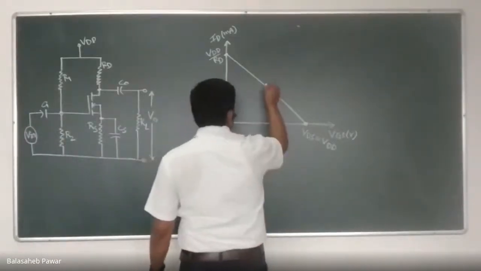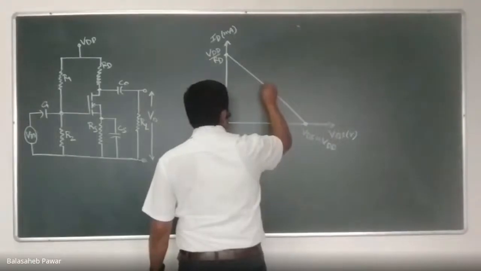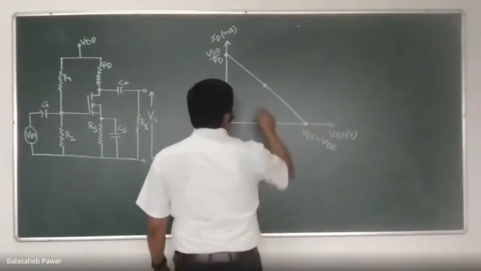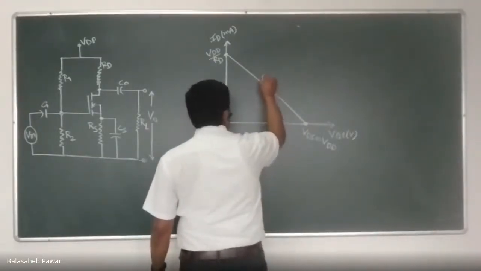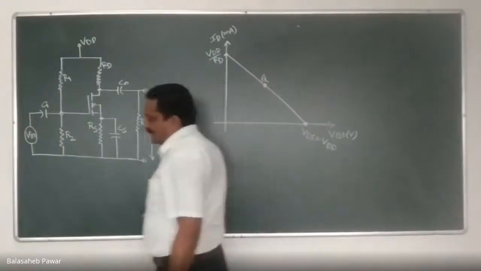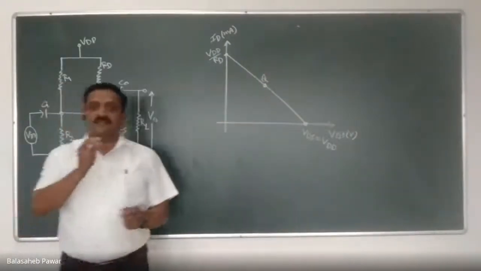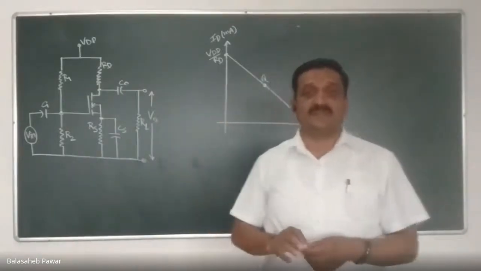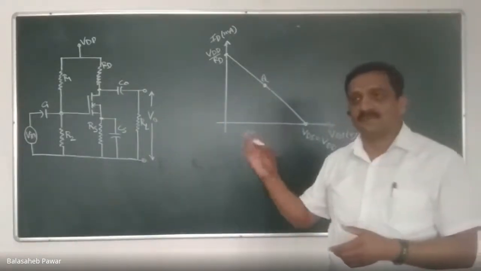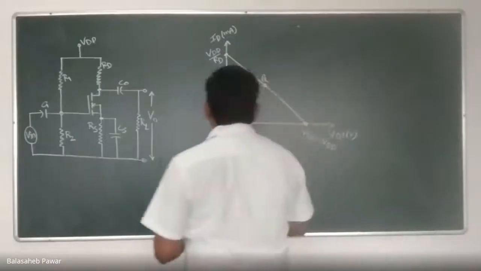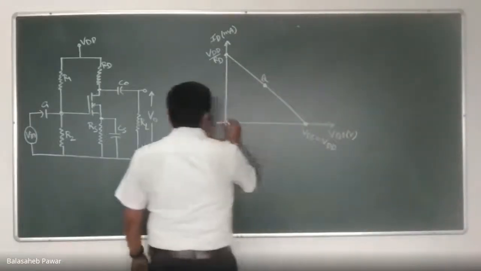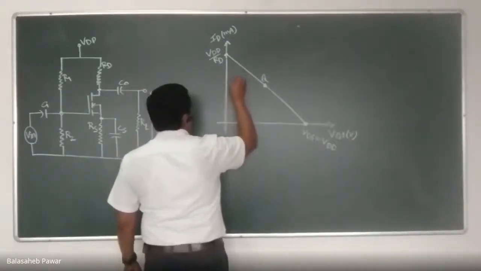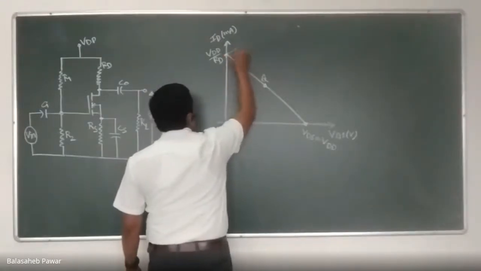Now, as per our previous consideration, I will select the operating point again at the center of this DC load line. Today we will see why the operating point should be exactly at the center of the load line, as well as observe the phase shift between the applied input and the obtained output signal, right? We are already familiar with this region, it is known as the ohmic region.